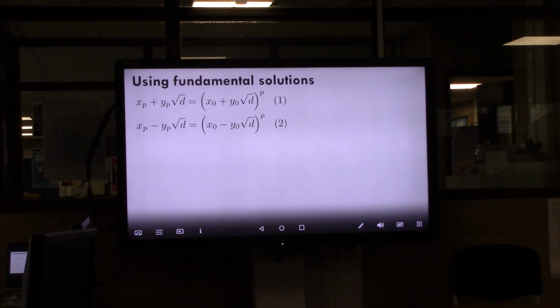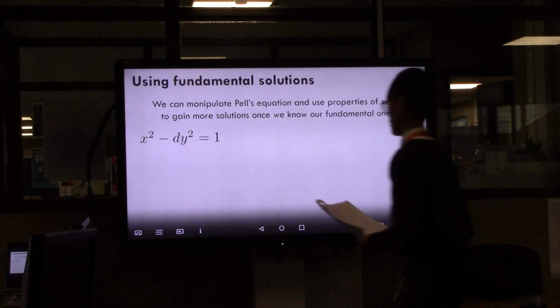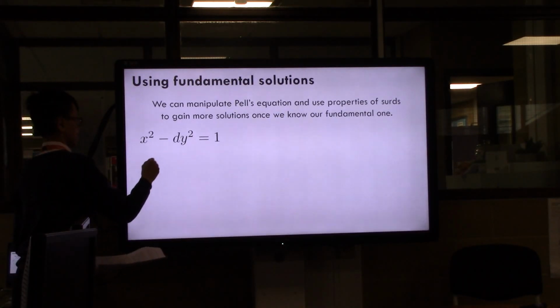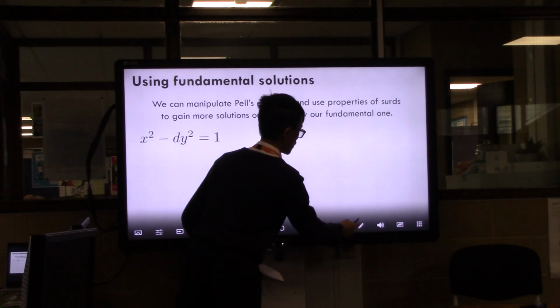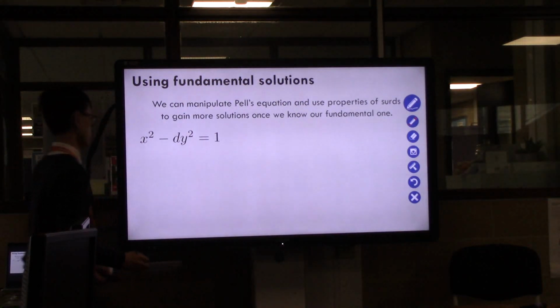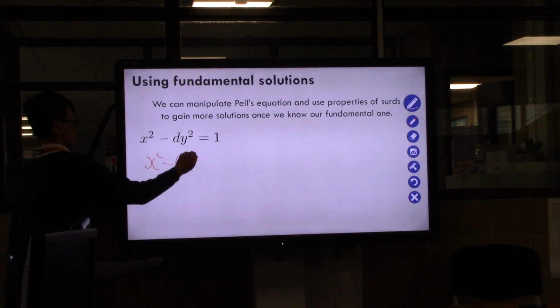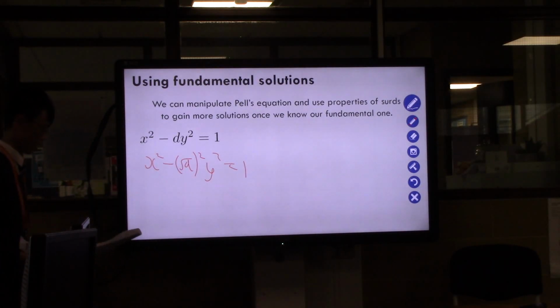Because we can split d into the square root of d squared, we can write this as a difference of 2 squares.